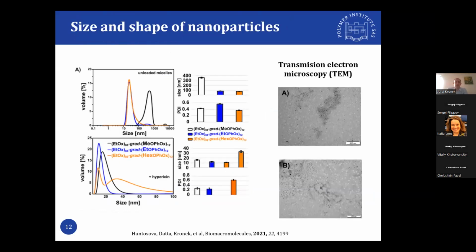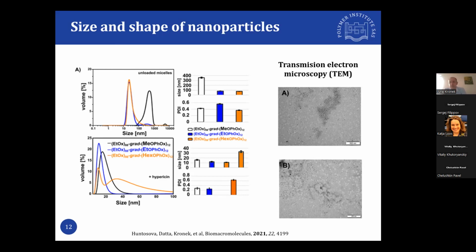We use these selected gradient copolymers for preparation of nanoparticles. We use the dialysis method, and you can see that we are able to provide nanoparticles with a size of about 20 nanometers, except copolymers with methoxy substituent.